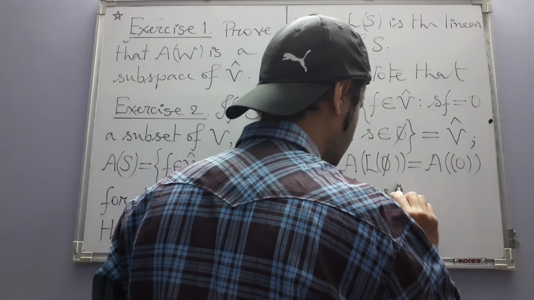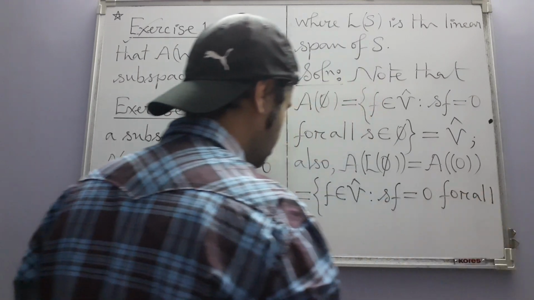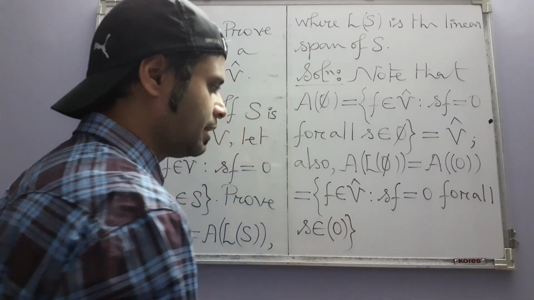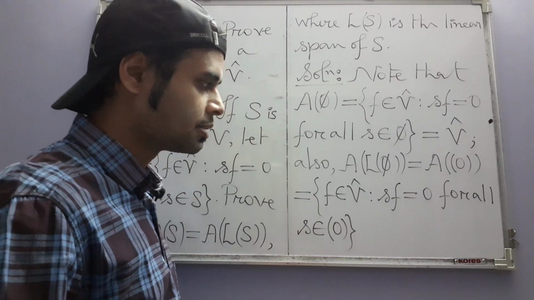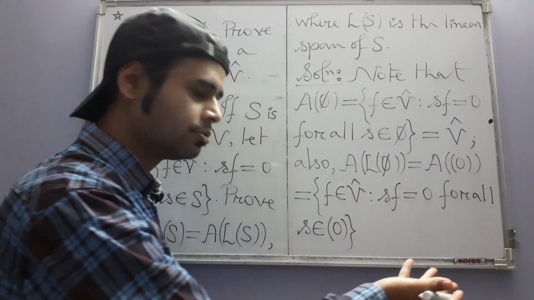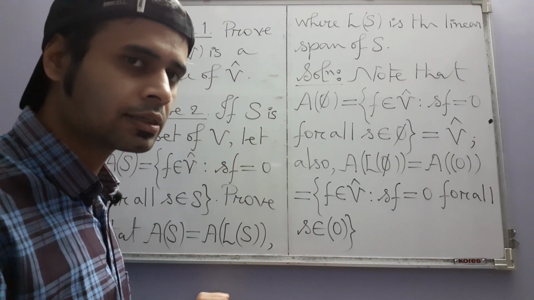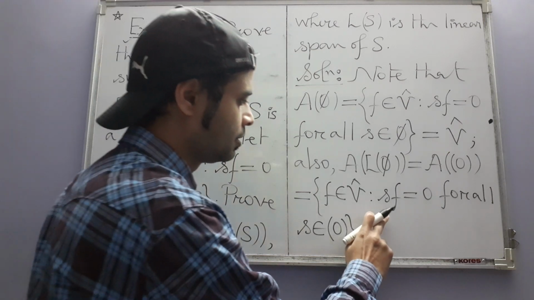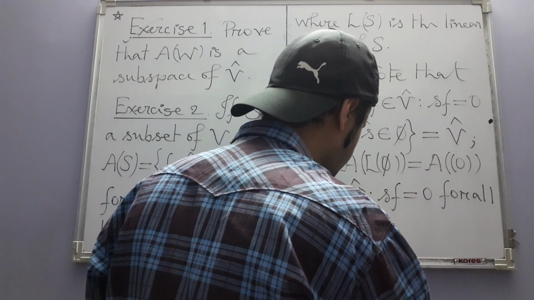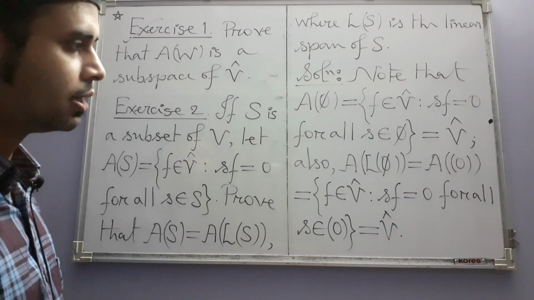The set of linear functionals such that f(s) is equal to 0 for all s belonging to the 0 space. But there is only one vector in the 0 space, namely 0 itself, and 0 is mapped by every linear functional onto itself. That is one of the properties of linear functionals. In fact, it's a property of a general linear transformation also. So that is why here also all the linear functionals will be there. So this is also V hat. So in this case they are in fact equal.